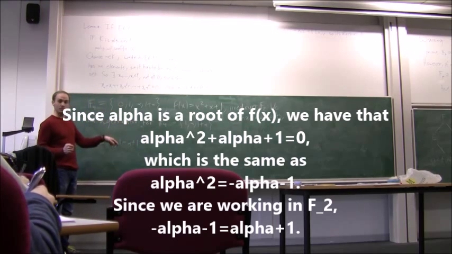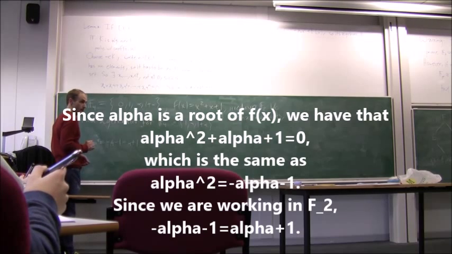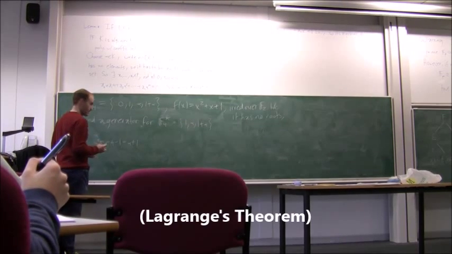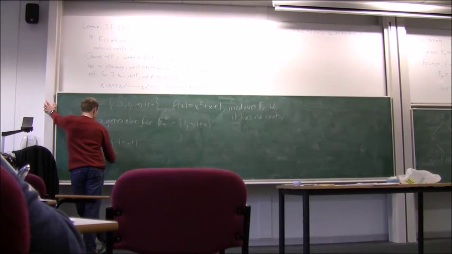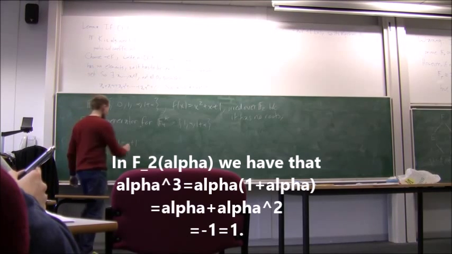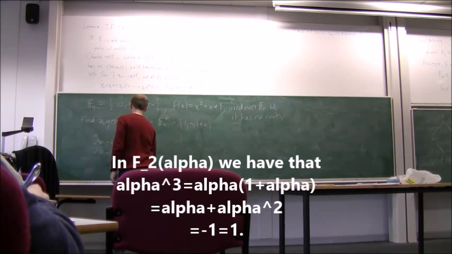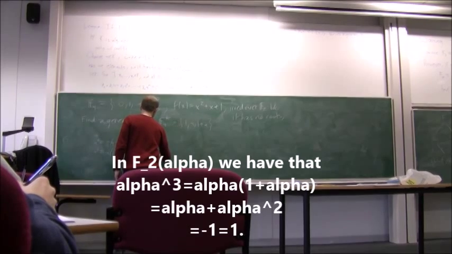So alpha squared is 1 plus alpha. Now, alpha cubed had better be, by Lagrange's theorem, alpha cubed had better be 1, and it certainly is. We'll just do the computation to verify that. If I take alpha times 1 plus alpha, I get exactly alpha plus alpha squared. And alpha plus alpha squared is equal to minus 1, which is the same as 1 in F2.